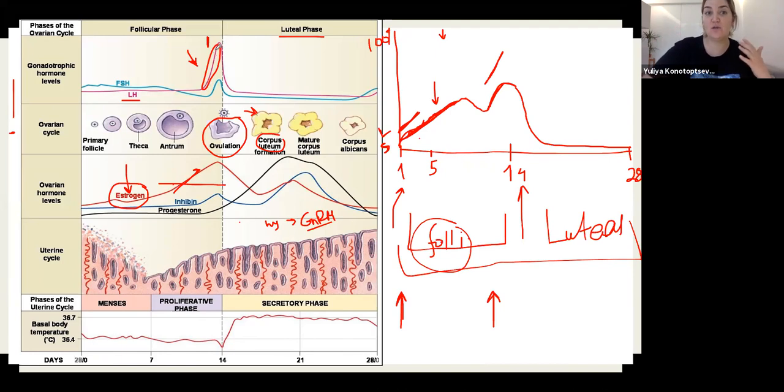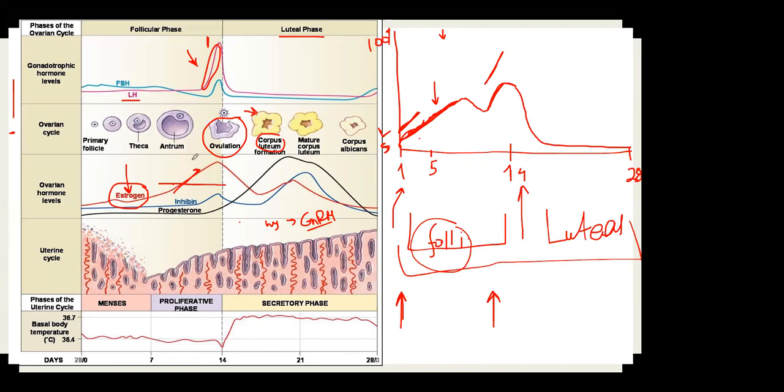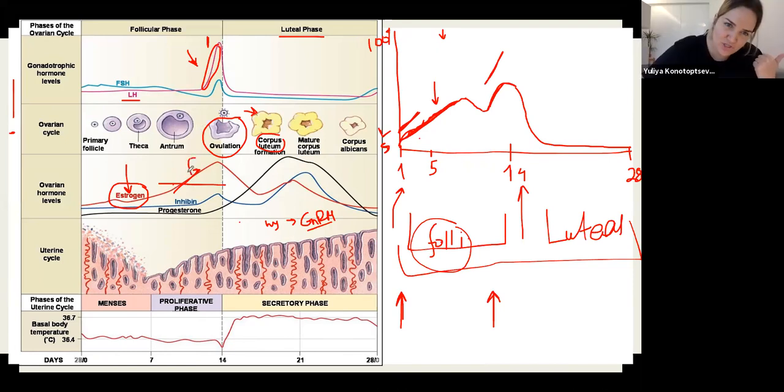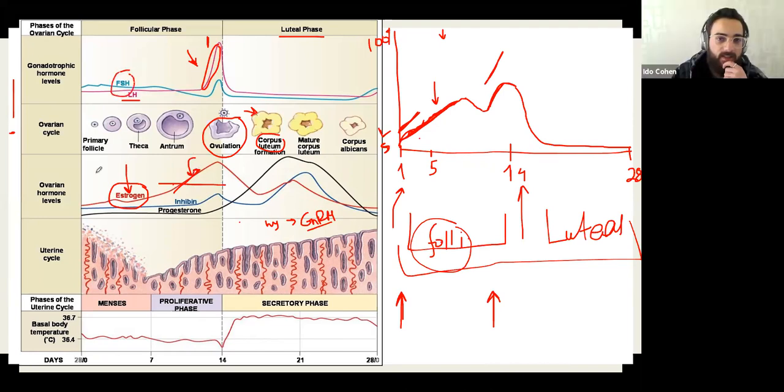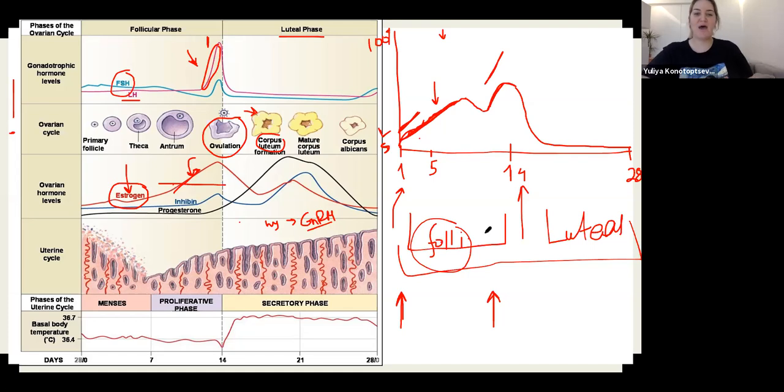Okay, I have said that what causes the LH surge? Estrogen. Remind me why estrogen is rising. Because of FSH. And I really like this question in the past papers. FSH indirectly causes the LH surge, correct?